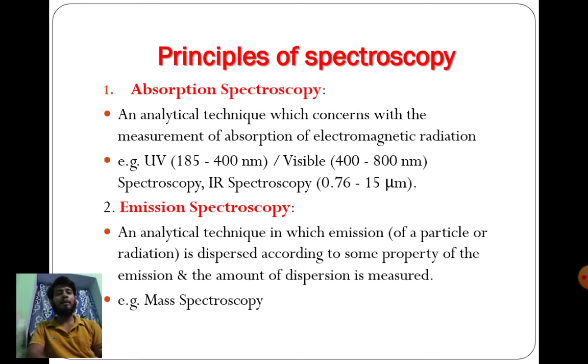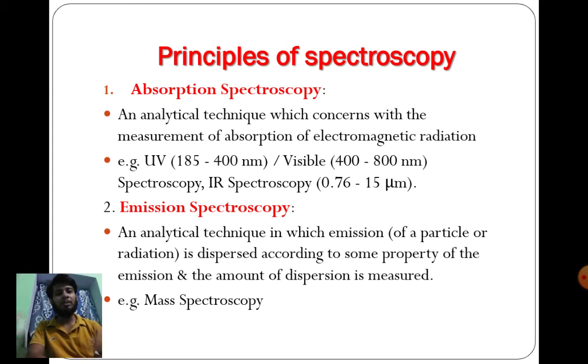Now, absorption spectroscopy and emission spectroscopy. As we discussed, when a molecule or an atom absorbs a certain kind of light, the analytical technique concerned with the absorption is considered absorption spectroscopy, such as UV visible and infrared spectroscopy.